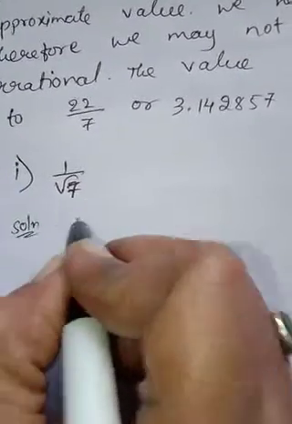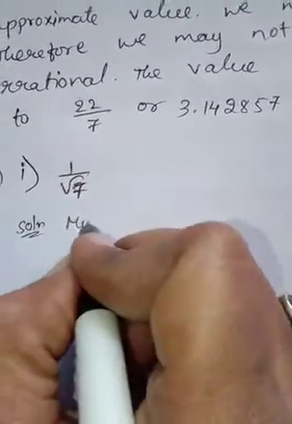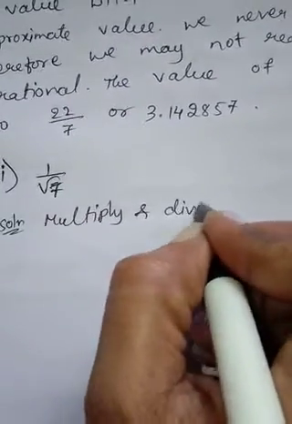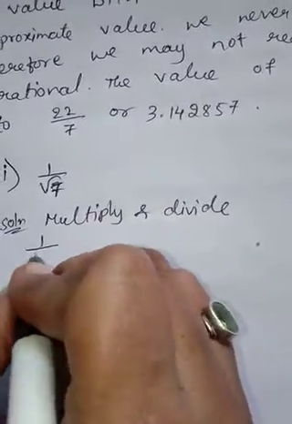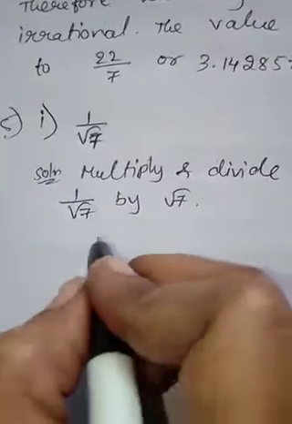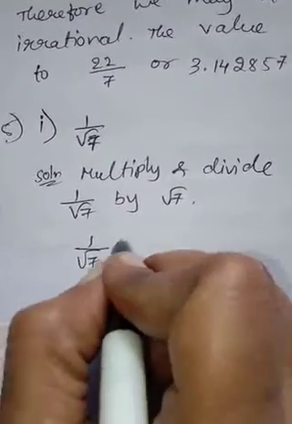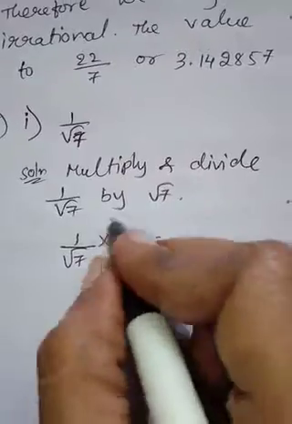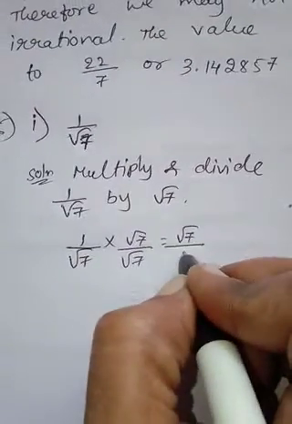So I will write here: multiply and divide 1 by root 7 by root 7. What am I going to get? 1 by root 7 into root 7 by root 7, which is equal to 1 into root 7 by 7.